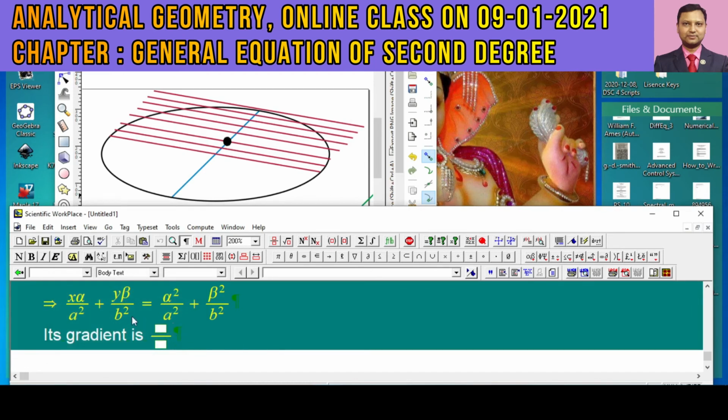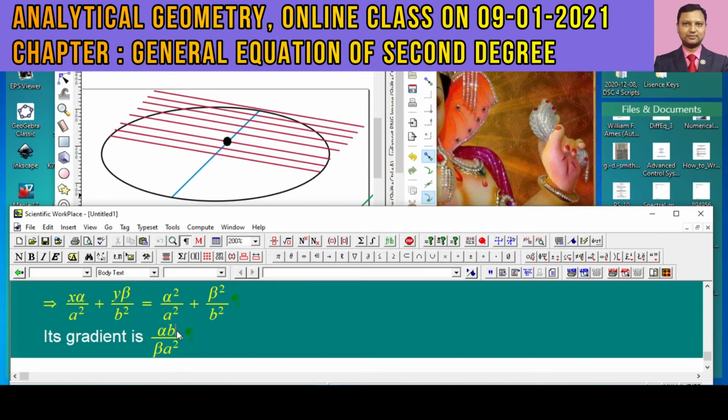The gradient of this straight line would be the coefficient of x, which is alpha by a square, divided by the coefficient of y, which is beta by b square, with a negative sign. Let us call it m1. So m1 would be equal to minus of this kind of expression.